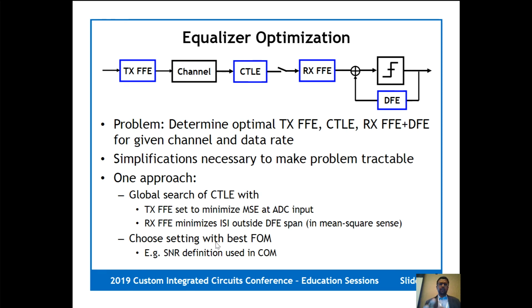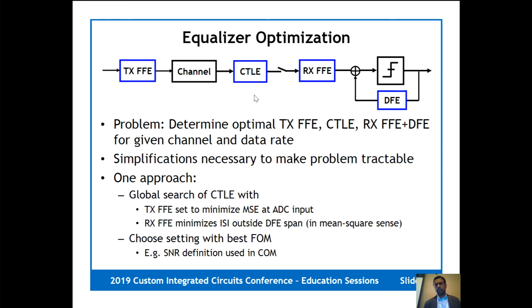So again, similar to the COM calculation, the equalizer optimization is a tricky thing here. Even without the constraint of not having a back channel, the problem is actually pretty hard: figuring out the optimal combination of transmit and receive side equalization in a general equalization scenario.